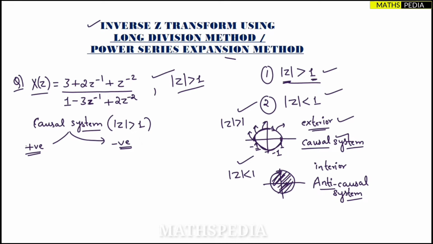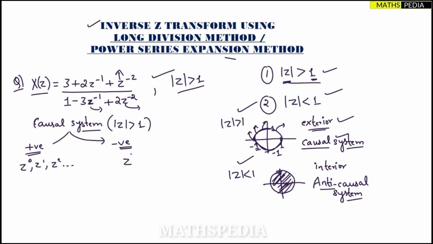So what is the meaning of positive powers? Positive powers basically indicate the variable z. Here positive power means z power 0, z power 1, z power 2 and so on.